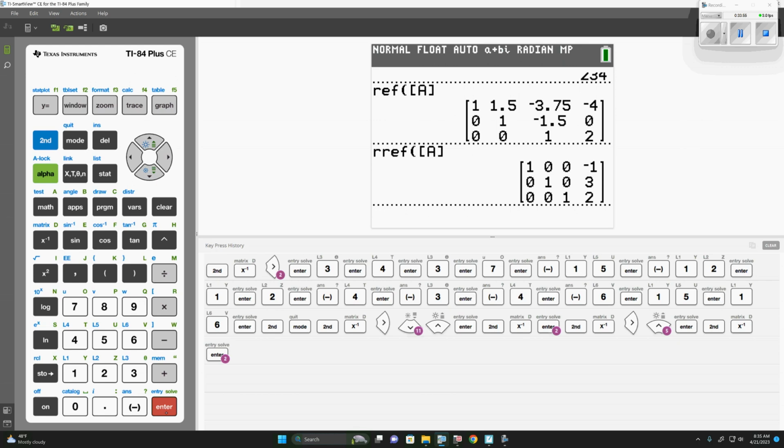Now, our REF can be a little different because we switched rows 2 and 1 and made it into a nicer form.